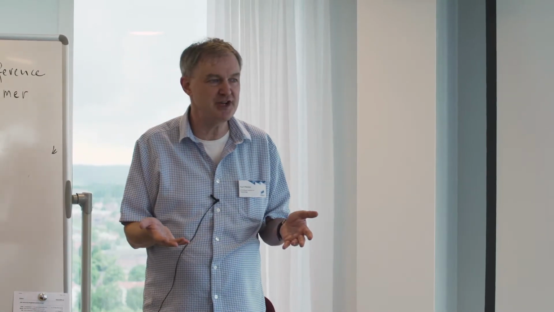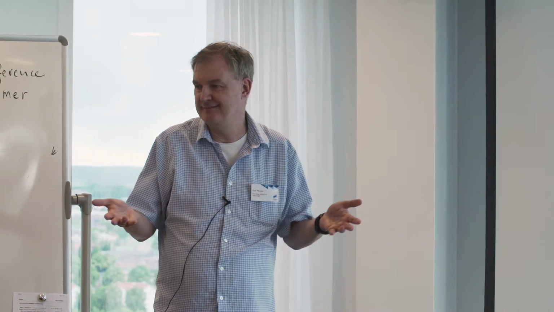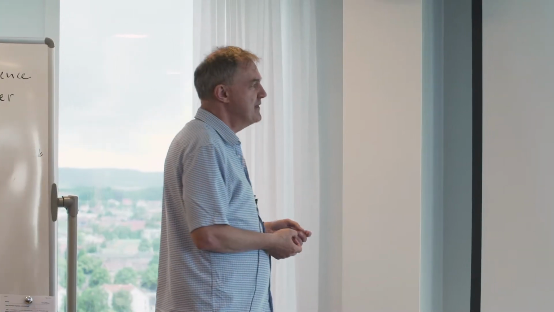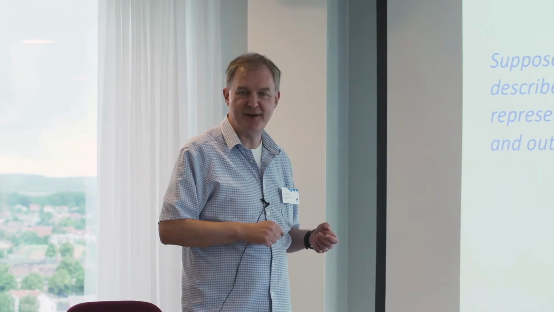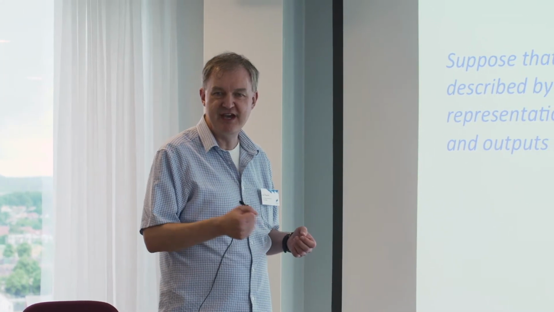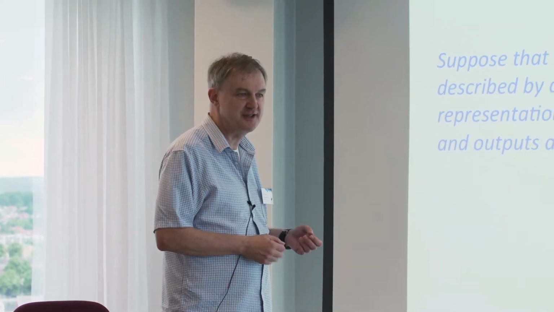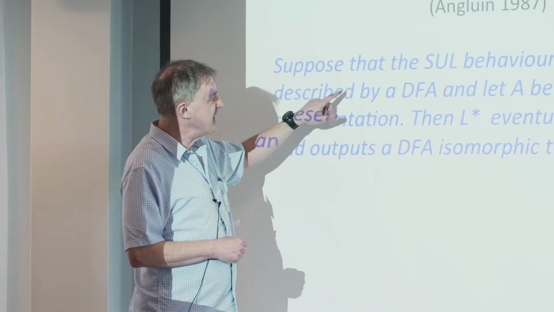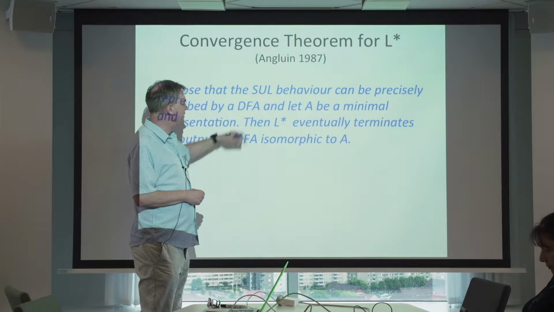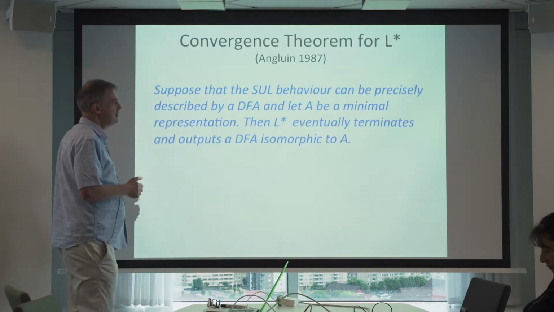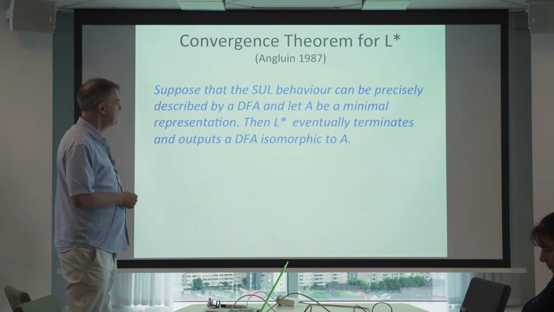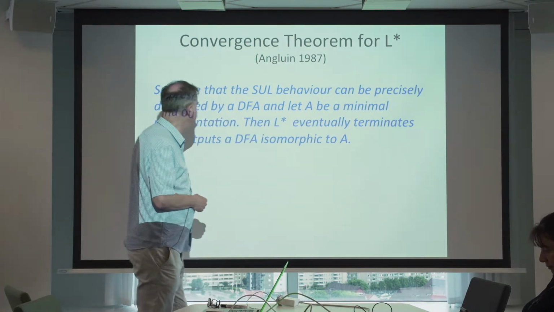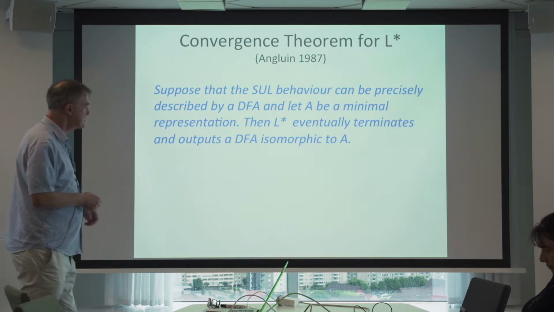And what do we know about push-down automata? Not all reducible to DFA, right? So if it's a push-down automata, you can think about this on the way home. What happens if I run L star on a push-down automata? And I won't tell you the answer here. But if the thing inside the box is representable by a DFA at all, which is an unknown, and if it's representable by DFA, then of course it has a minimal representation in terms of state space compaction.